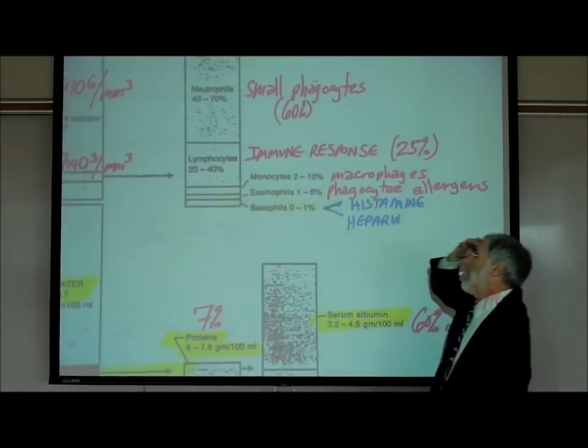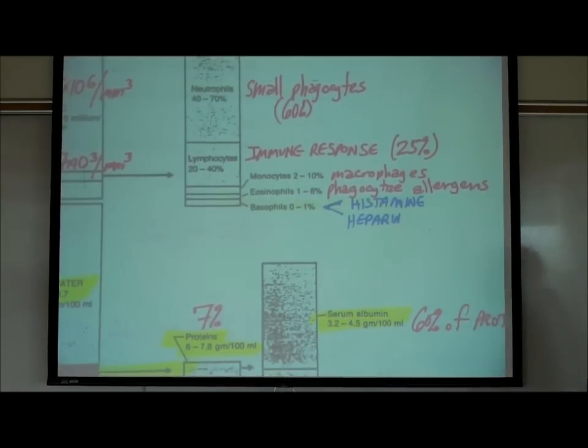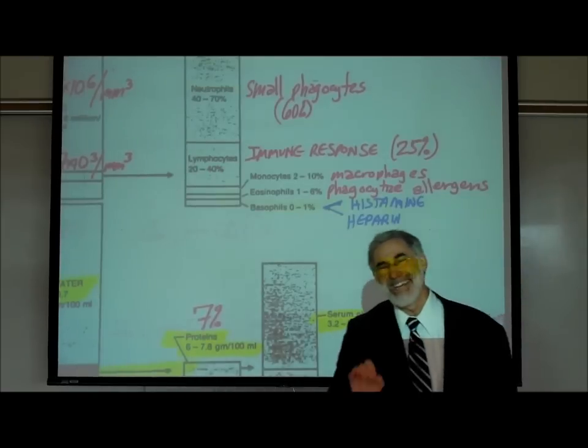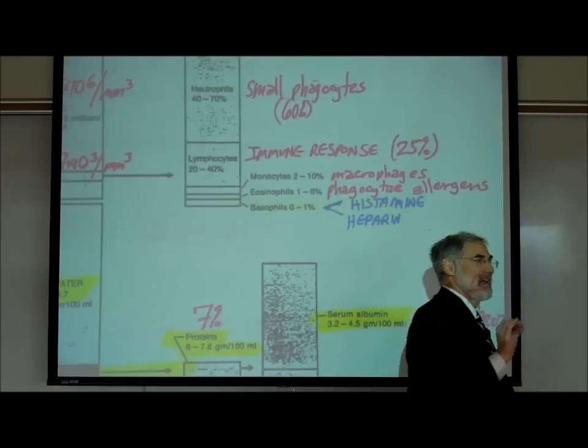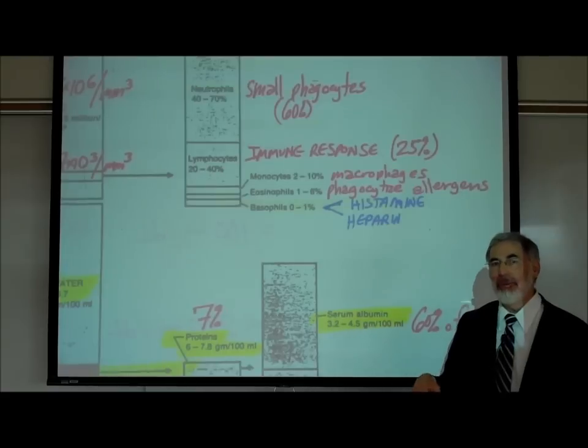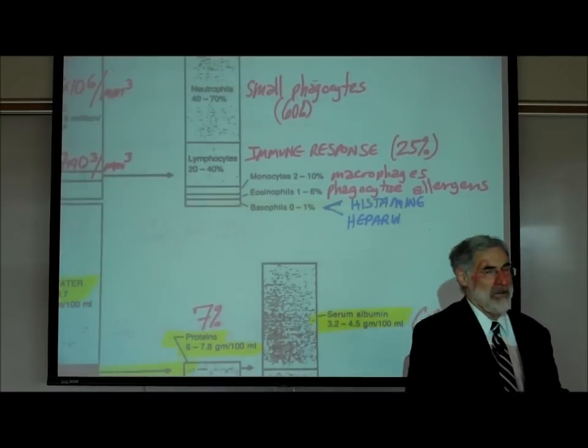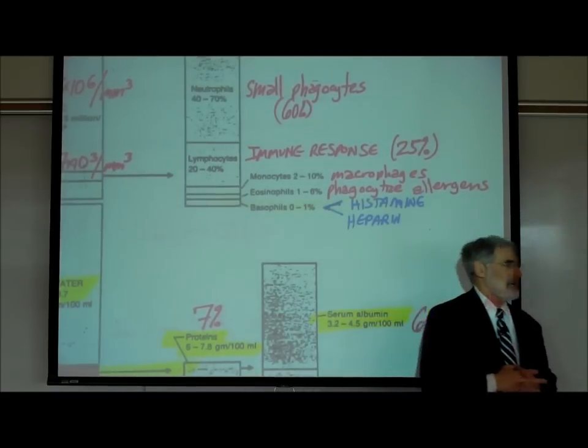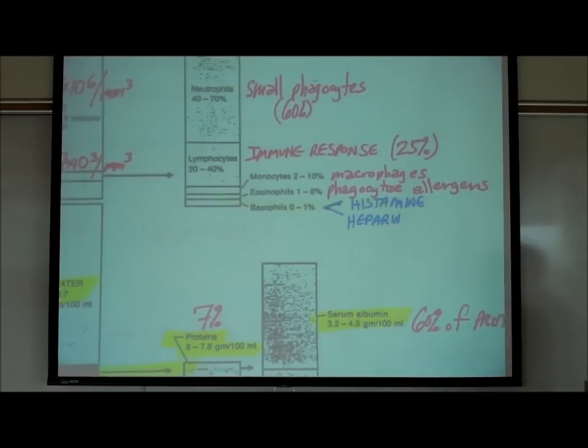And the last of the white blood cells are basophils. Basophils release 2 chemicals that both start with the letter H, histamine and heparin. Histamine, of course, is a chemical mediator of inflammation. We know that it's released any time you have inflammation, including allergic reactions, and it dilates all the vessels in the body.